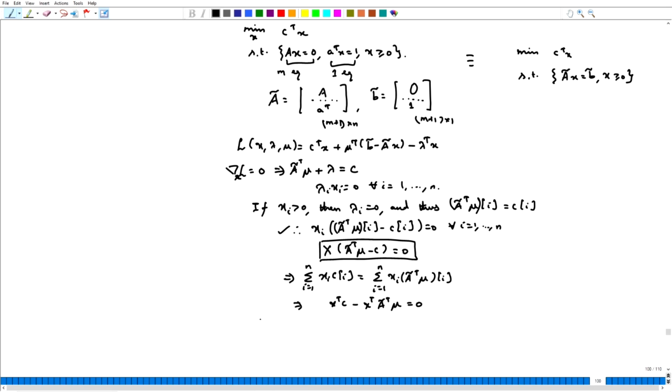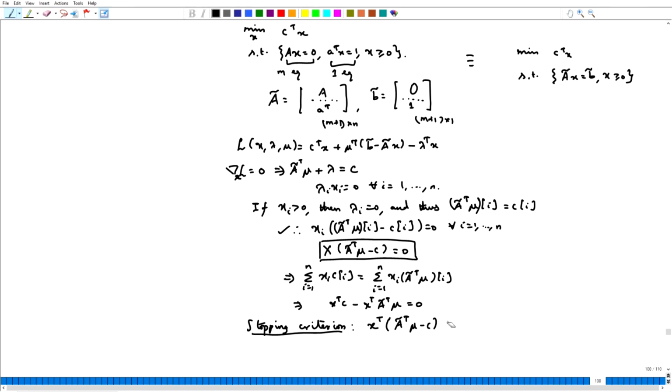So, the stopping criterion will be x transpose into either C minus A transpose mu or A tilde transpose mu minus C equal to 0.